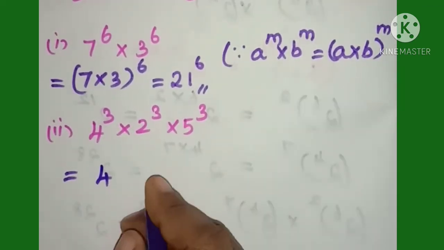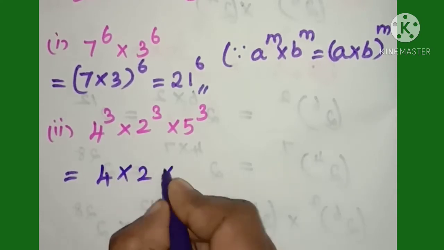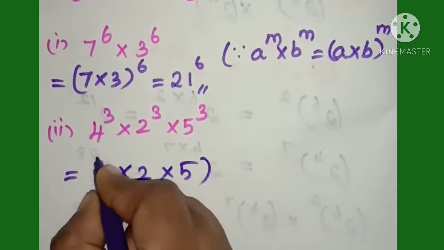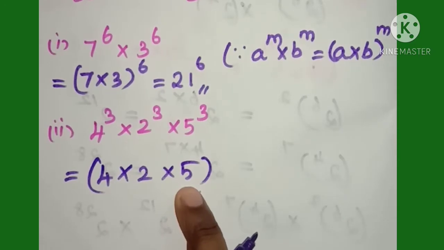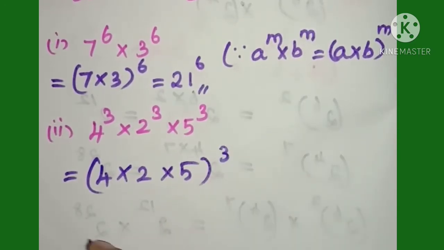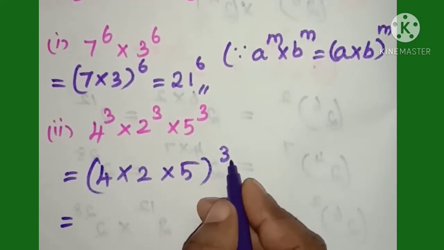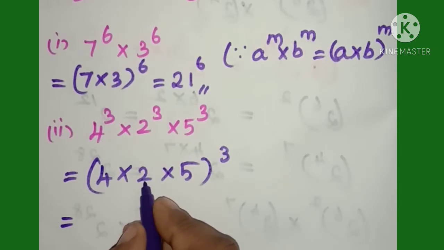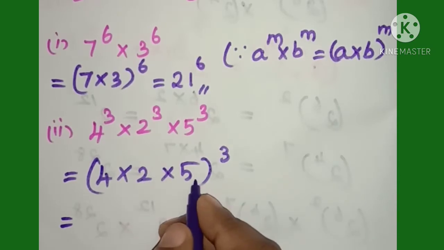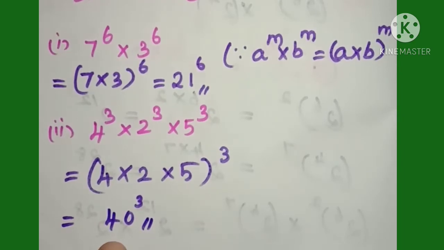The same power of a product rule, that is 4 into 2 into 5, the product of bases raised to the power, the exponent here is 3. So 4 into 2 into 5 to the power 3, and 4 into 2 is 8, 8 5s are 40 to the power 3, which is the required simplified expression in exponential form.